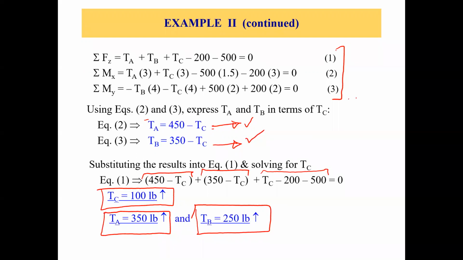This is one way of solving. You can solve these equations in any way you like, right? And then you can find out these three tensions in these three cables, TA, TB, and TC, right? You use any method to solve these equations, you'll get the same answers. So you'll get the same numbers, right?